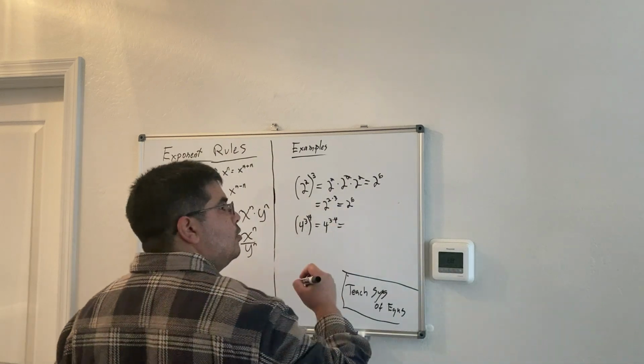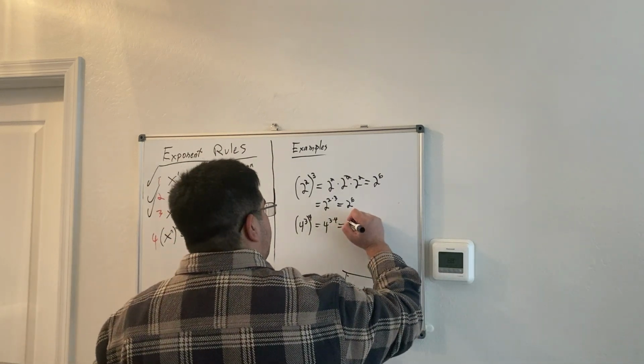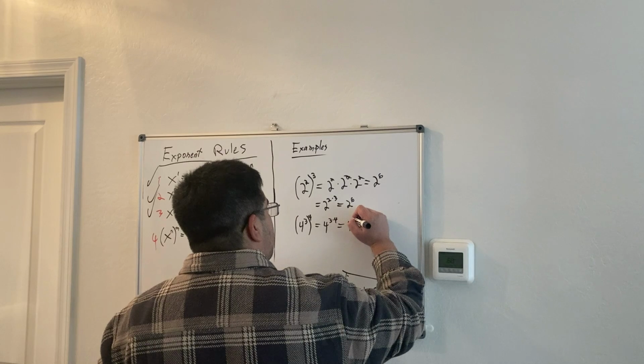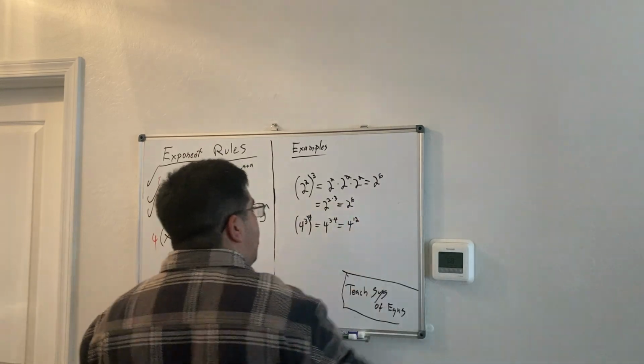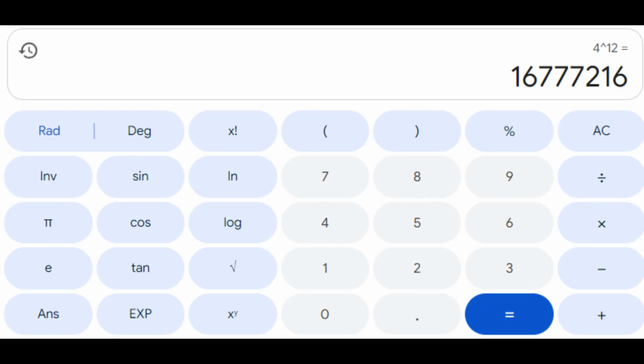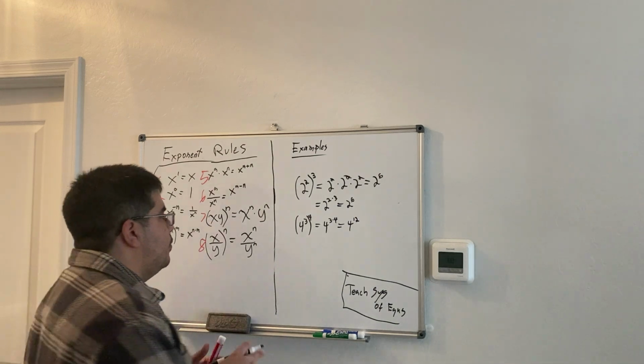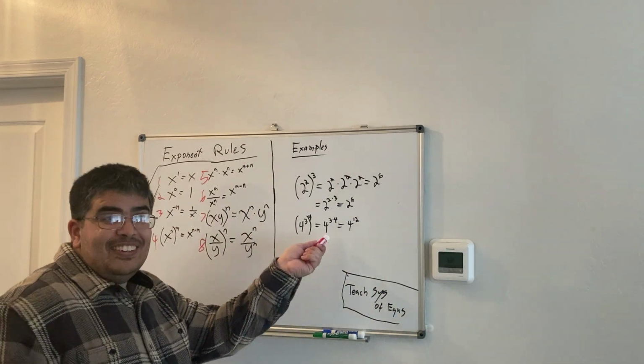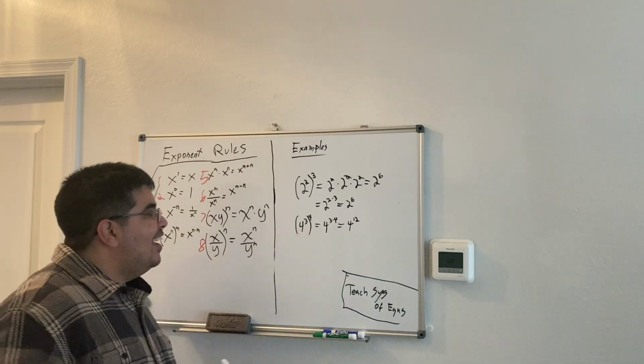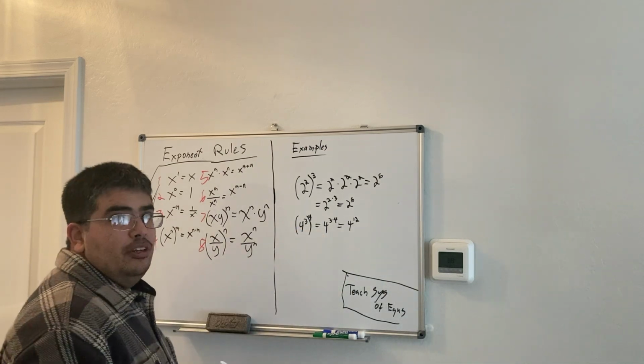Yeah, 12. So it'll be 4 to the 12th power. Make sense? Hope so. Good. That's also why you need to know your multiplication tables, right? You need to know how to multiply in your head. All right, good.